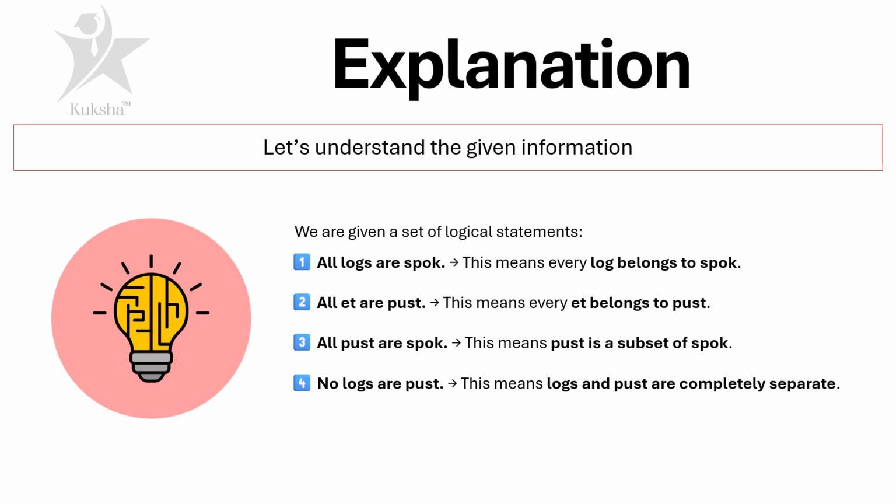This means pust is a subset of spok. No logs are pust. This means logs and pust are completely separate. Look at the keywords: all, some, no. These are keywords, and I'll explain in detail why these keywords are so important.